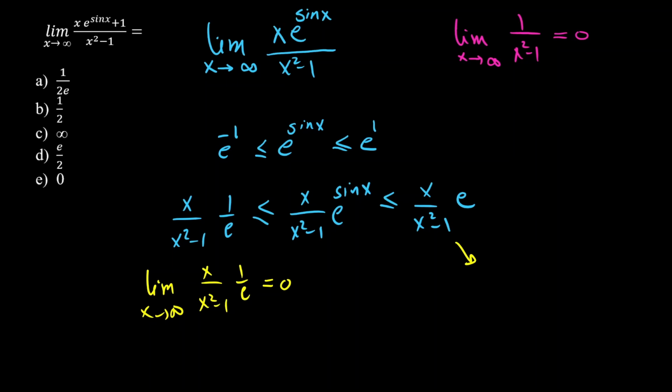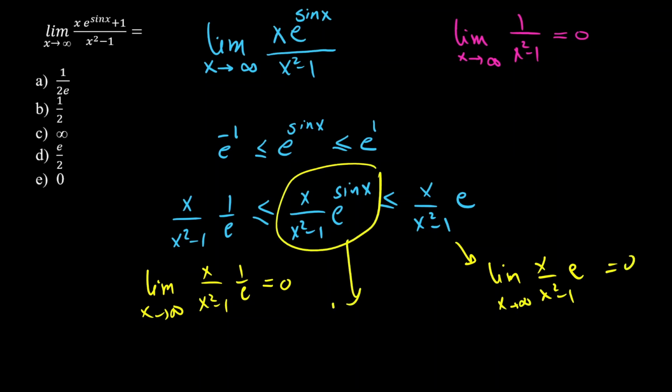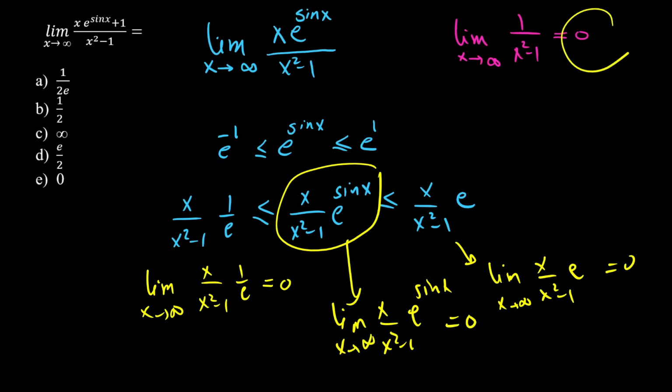The same thing happens here. The limit of x divided by x squared minus 1 multiplied by e as x goes to infinity is also 0. Then it is true that this limit must be 0 also, and therefore 0 plus 0 must be 0, and the answer is just A.